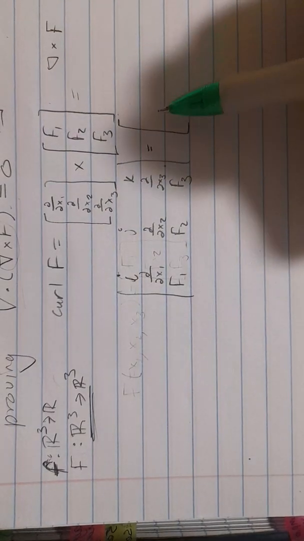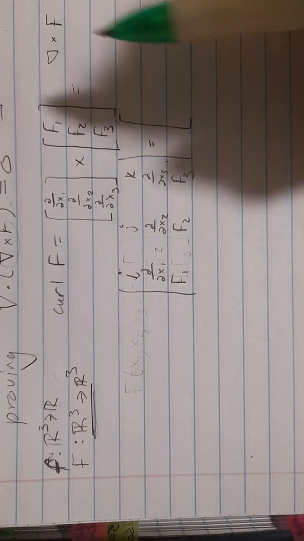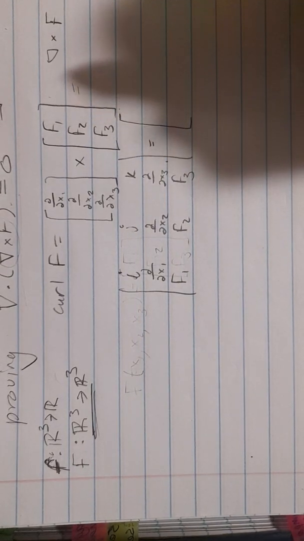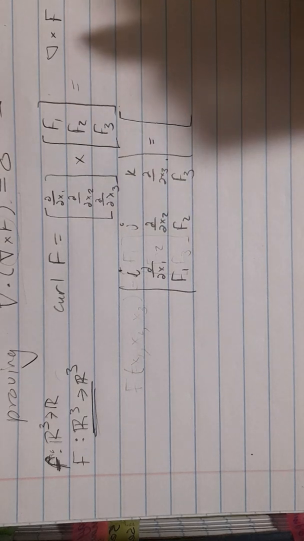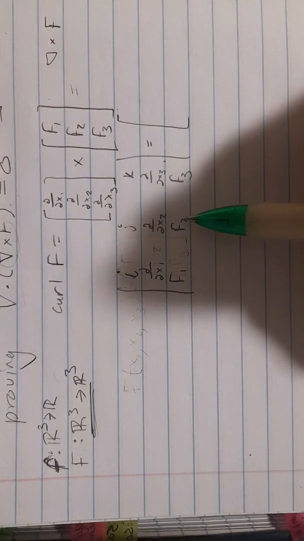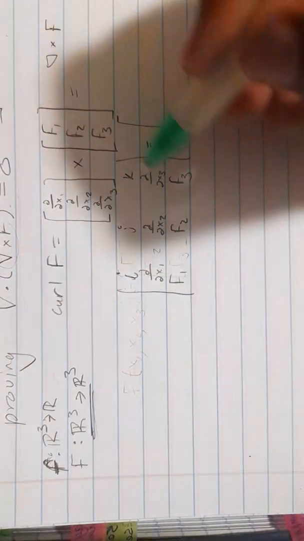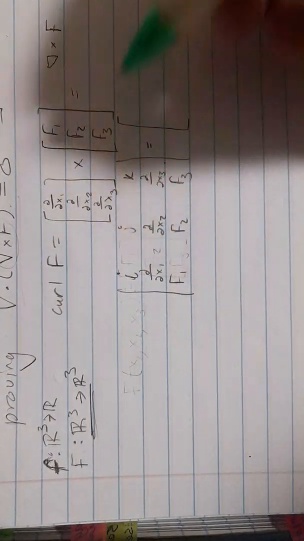We would put this in a column vector, because the cross product always gives out another vector. So cancelling out this and this, the cross product is going to be going in this direction. I don't know if you can see that, but it's going to go in that direction.